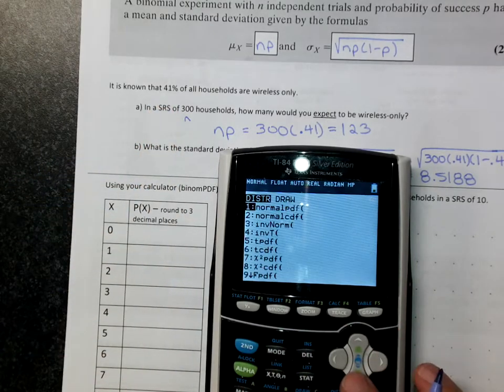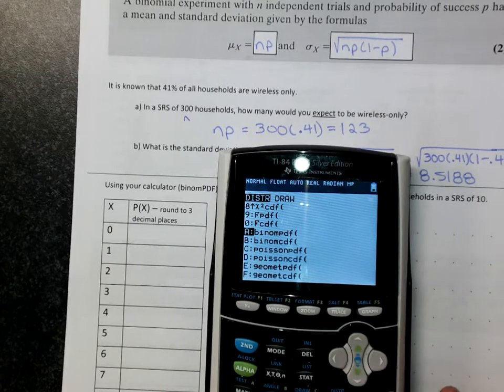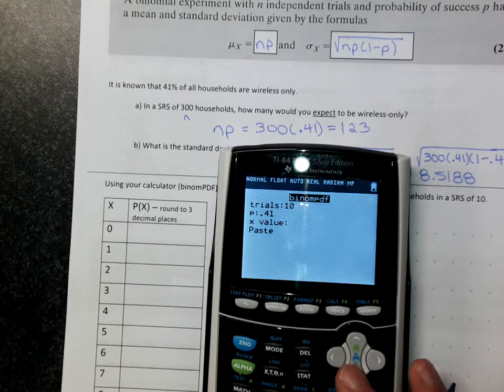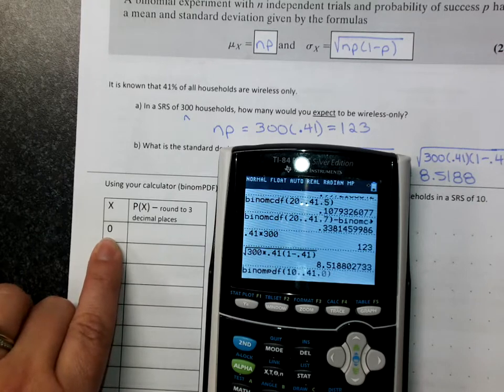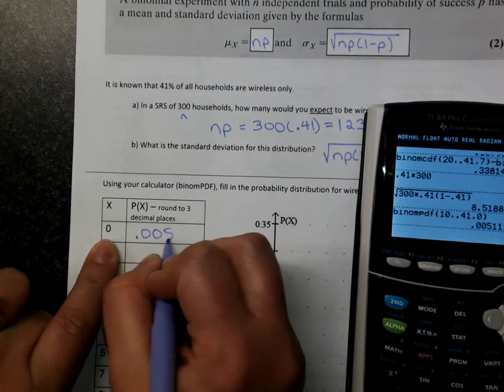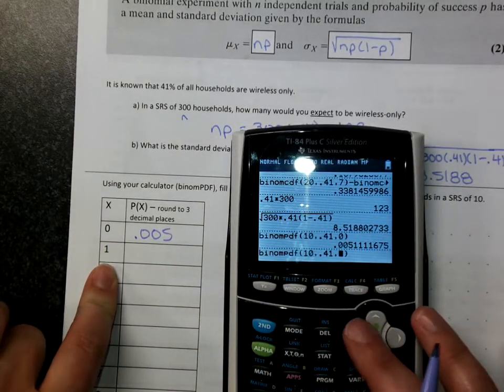We're going to do a binomial PDF. So back to PDF. We have 10 trials, 41% chance of success, and our first x value is going to be 0. So round to 3 decimal places. And then what you can do is hit second enter and change the 0 to a 1.